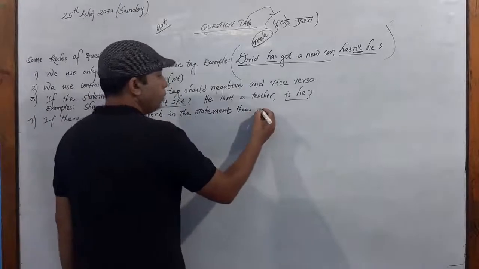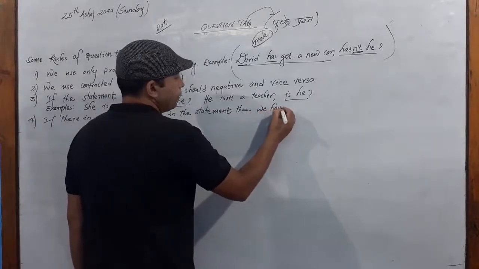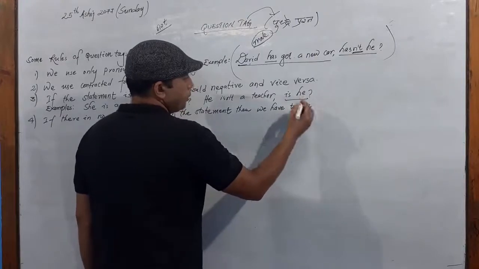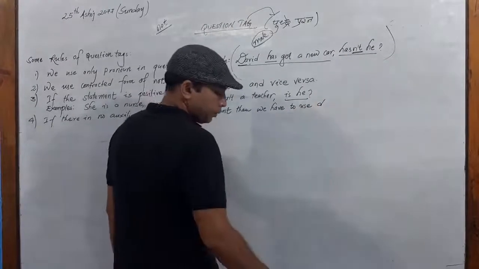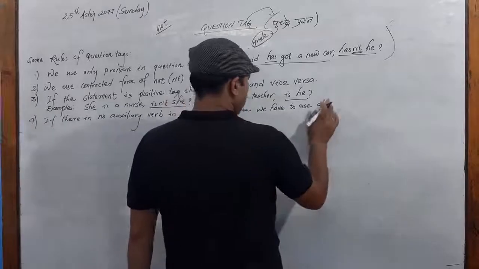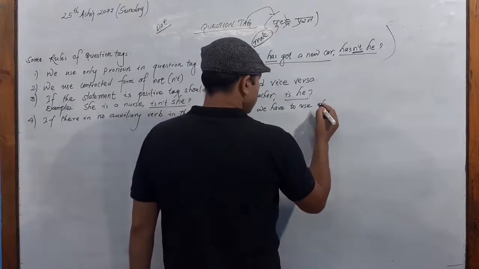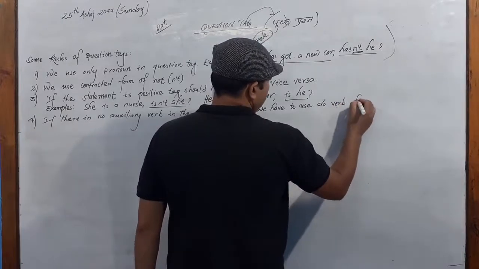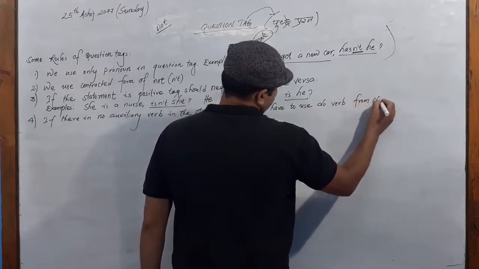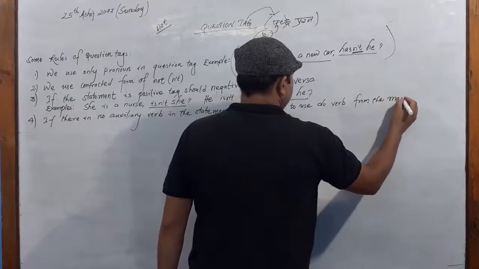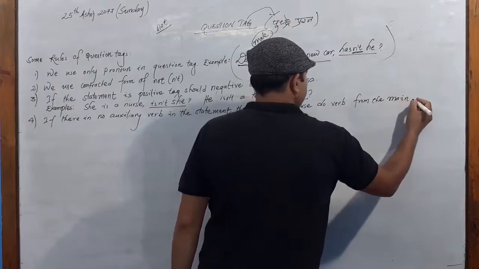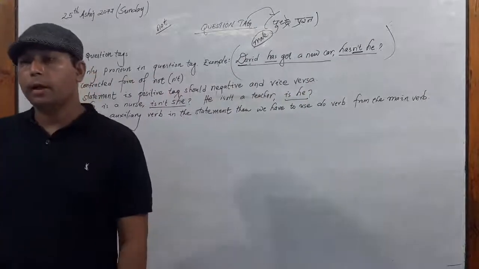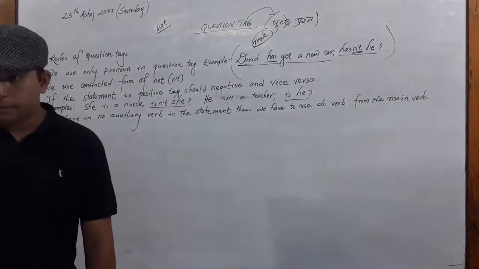Okay. We have to use a do verb from the main verb. So there are two types of verbs, auxiliary verbs and main verbs.